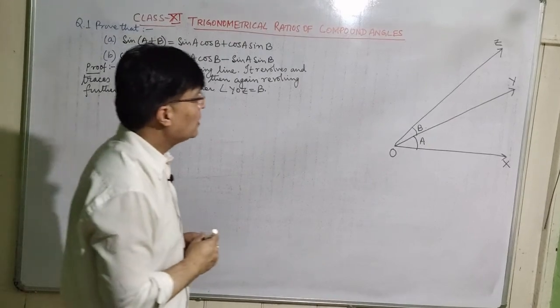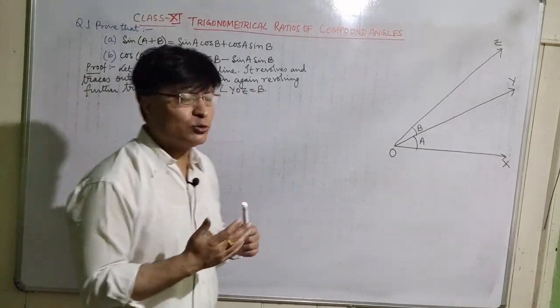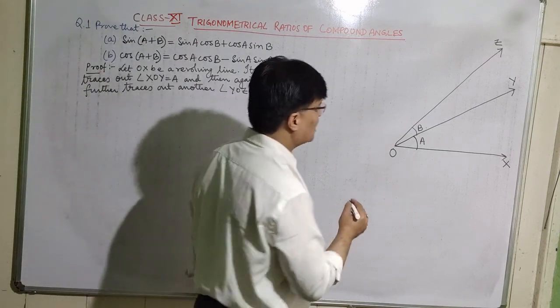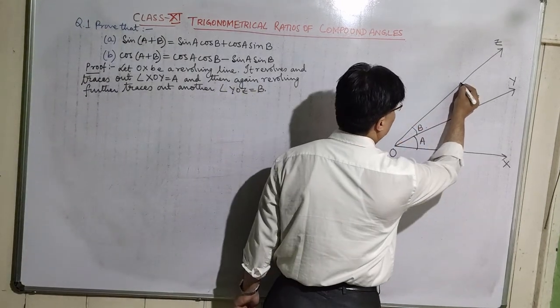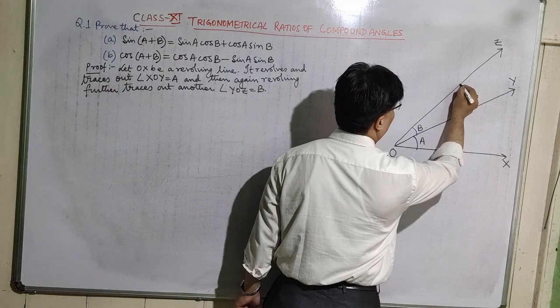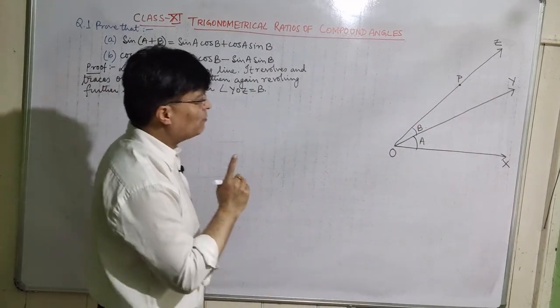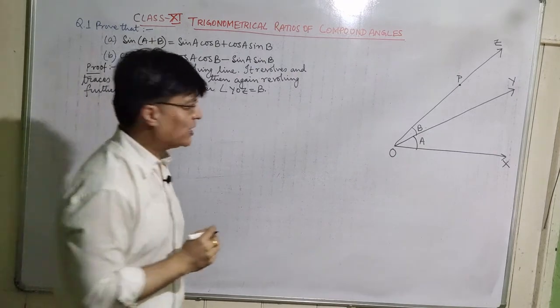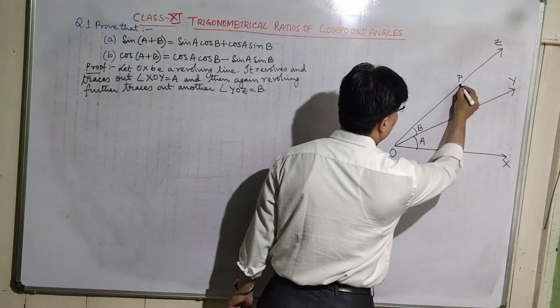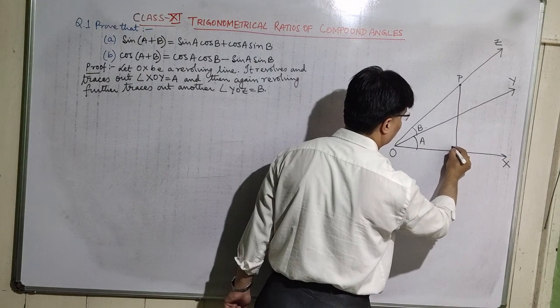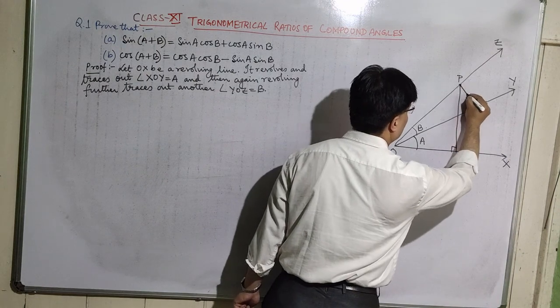Okay? So now you have to do some construction in this figure. So here OZ is the final line. You take any point P on this line OZ, and from P you draw a perpendicular upon OX and OY respectively.